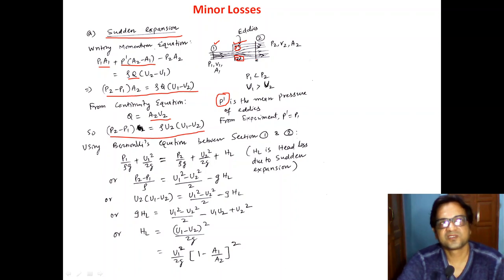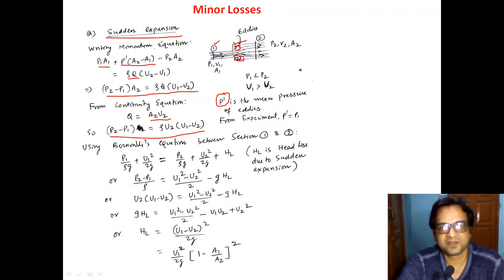In the original Bernoulli's equation, with the assumptions of inviscid, incompressible, steady flow, the total head remains the same. So the sum of all heads at section 1 will be equal to the sum of all heads at section 2 if the assumption is inviscid flow.